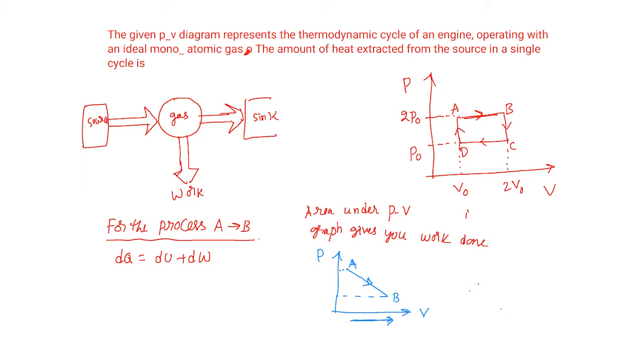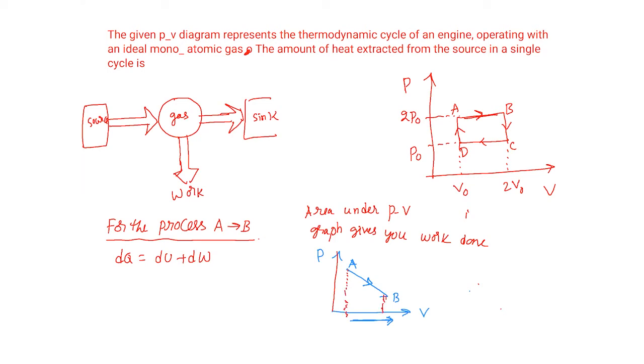Now how to calculate this work done, children? In this process A to B, if you want to calculate work done, you have to draw perpendicular lines to the volume axis from the initial state and the final state.